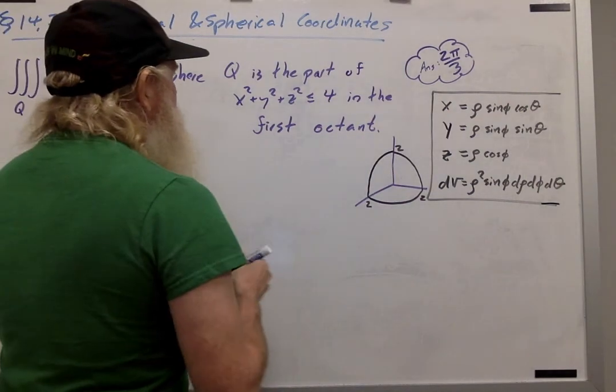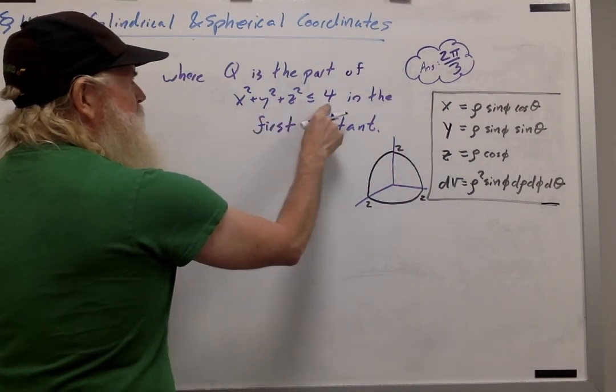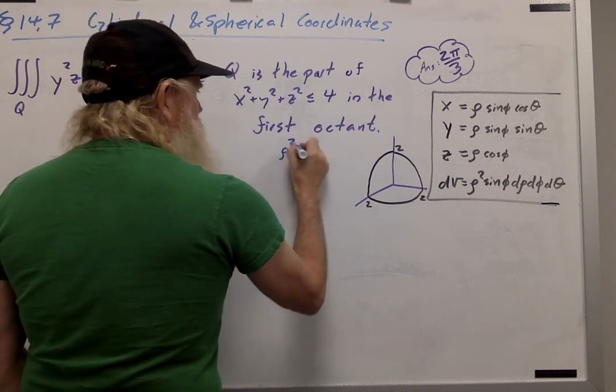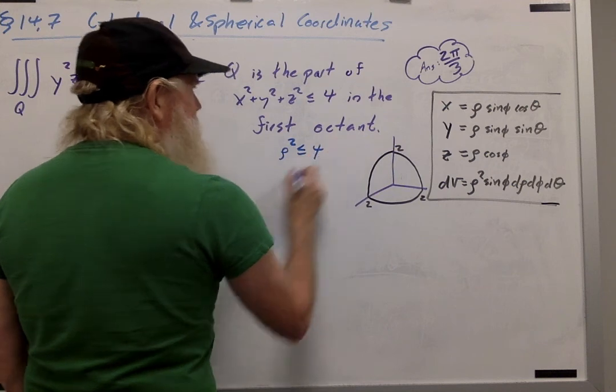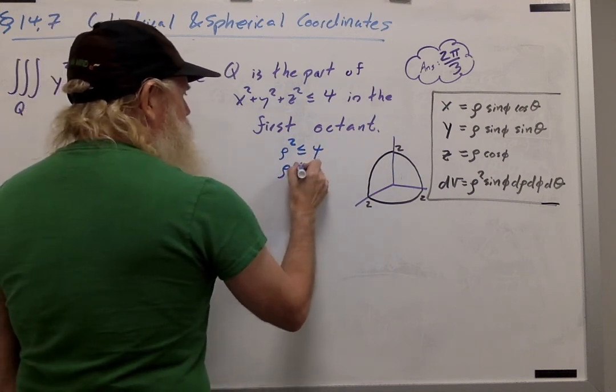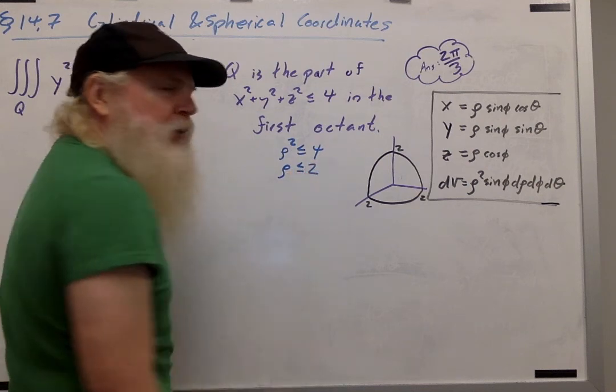So first of all, notice that x squared plus y squared plus z squared less than or equal to 4 is the same thing as saying rho squared less than or equal to 4, since x squared plus y squared plus z squared is rho squared. So this is rho less than or equal to 2.